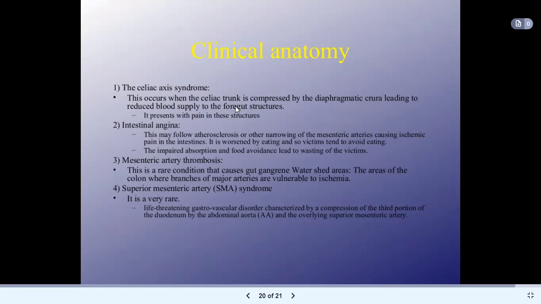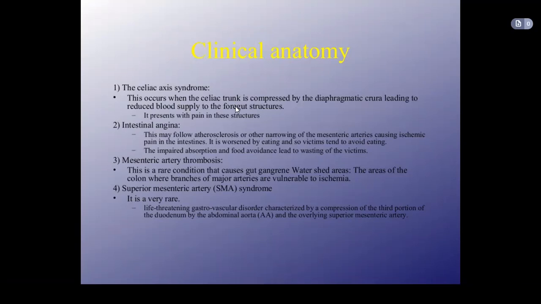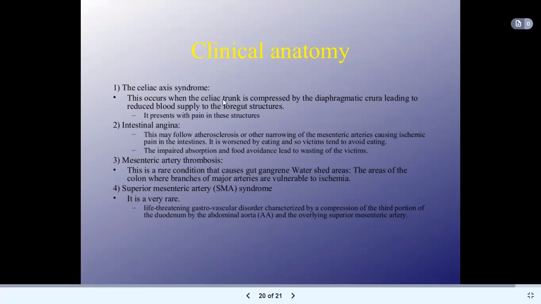So it means that all the organs that are in the foregut will not receive adequate blood supply. So there will be shortage of blood supply to the stomach, to the pancreas, to the spleen, and of course the liver if there is compression of the celiac trunk, and it presents with pain.